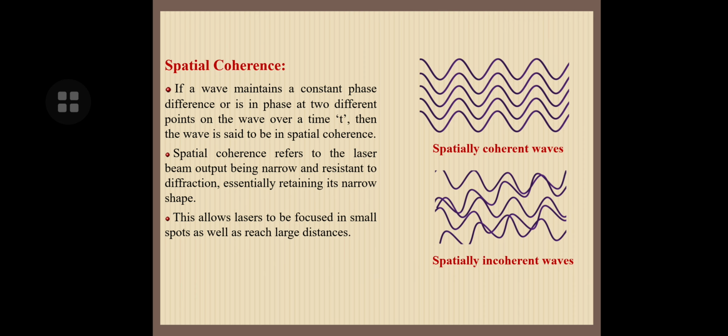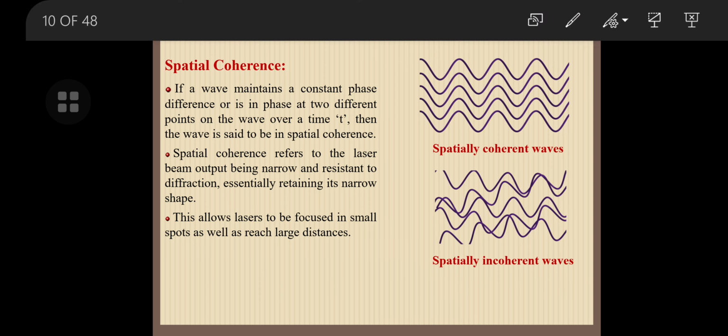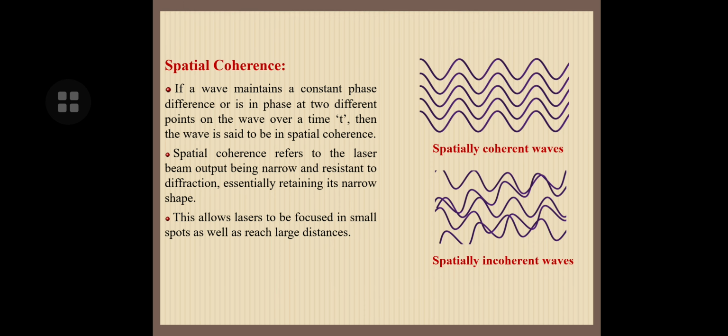Spatial coherence refers to the laser beam output being narrow and resistant to diffraction, essentially retaining its narrow shape. This allows the laser to be focused on small spots as well as reach large distances.